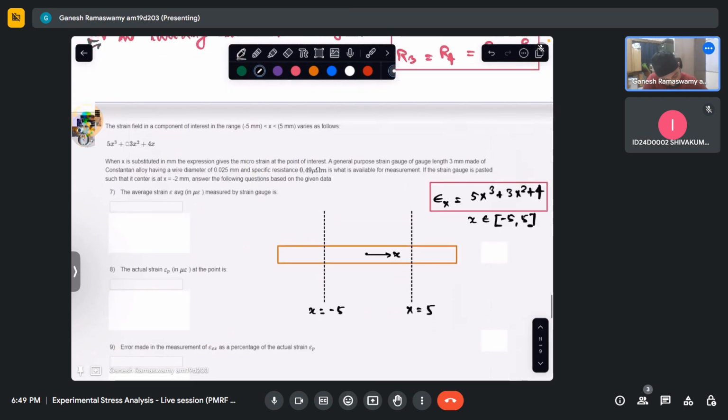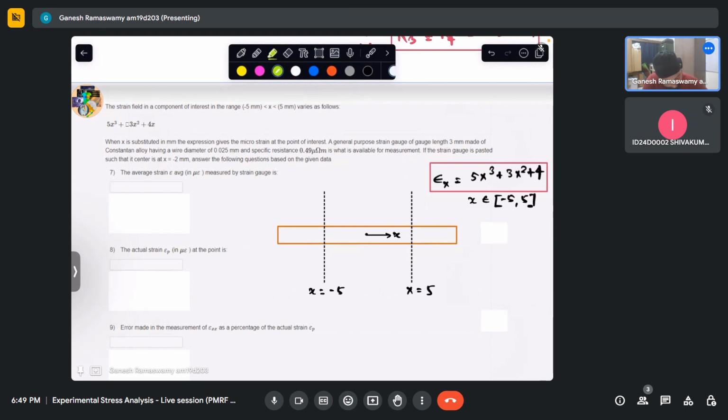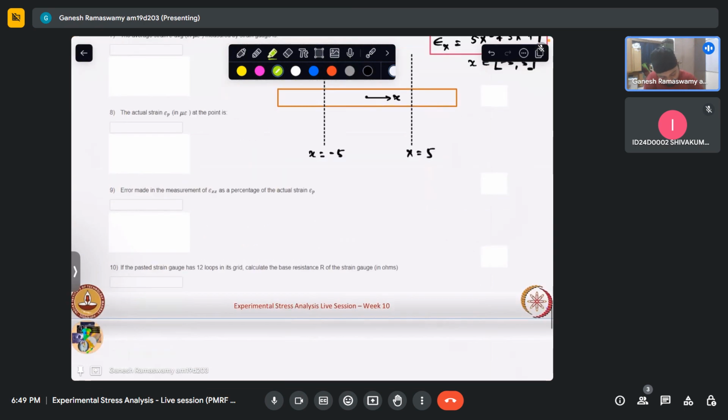Now, a general purpose strain gauge of gauge length 3 mm made of Constantan alloy having a wire diameter of 0.025 mm and specific resistance of 0.49 micro ohm meter is what is available for measurement. So some specifics are given for the strain gauge. We have the gauge length equal to 3 mm.